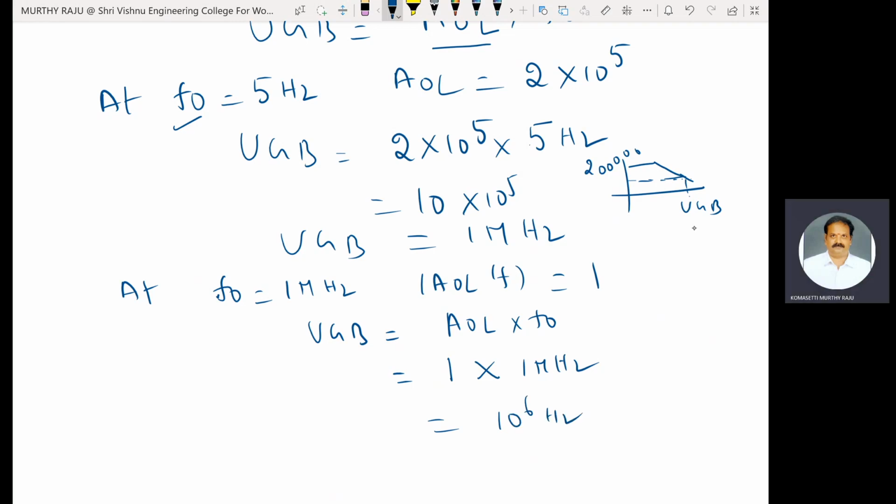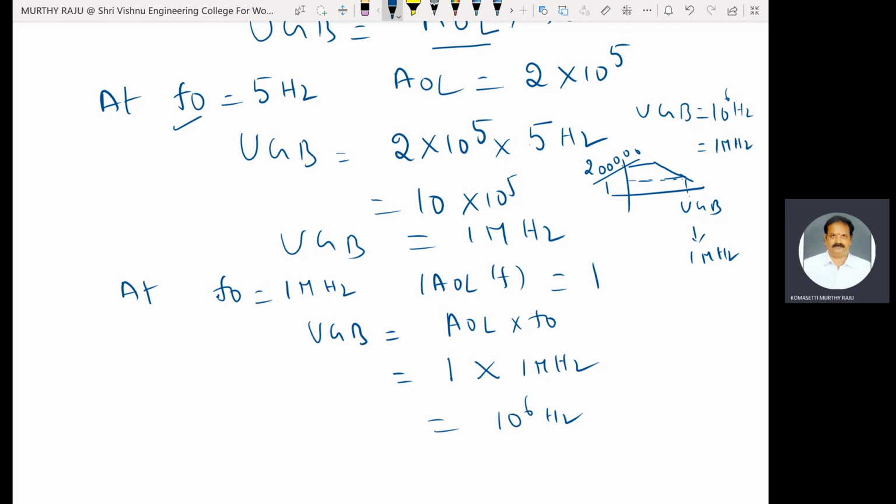This one is 1 megahertz. At gain 2 lakh also, the unity gain bandwidth is 10 power 6 Hz or 1 megahertz. Even when gain decreases from 2 lakh to 1, the unity gain bandwidth product is 1 megahertz.